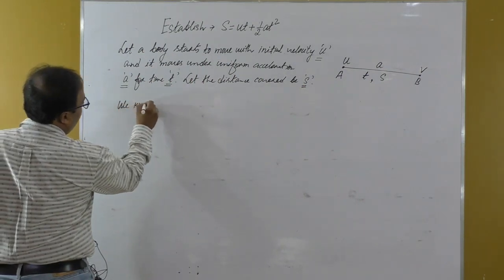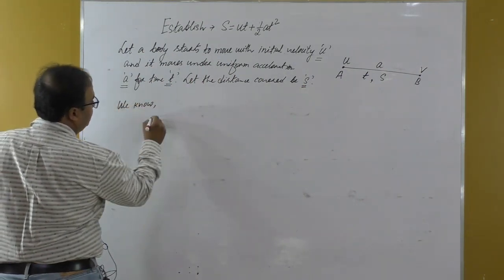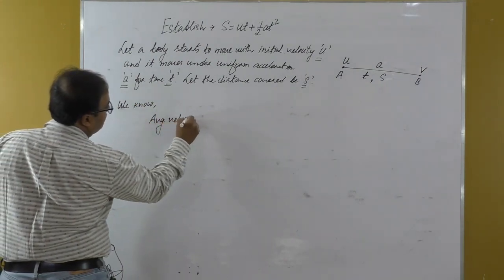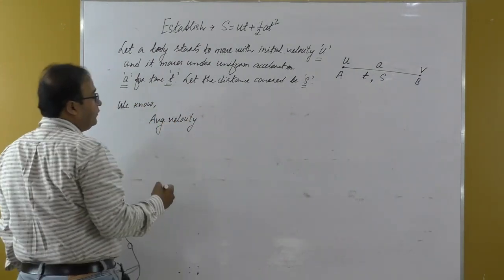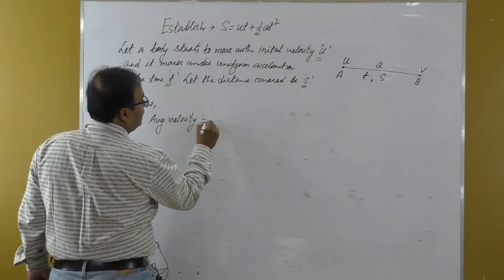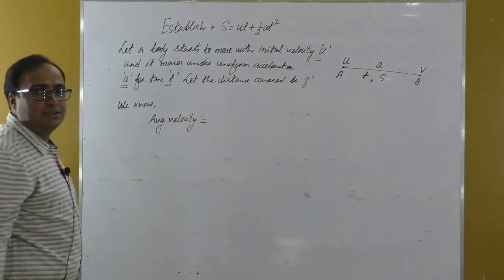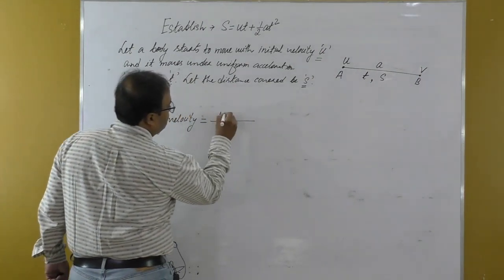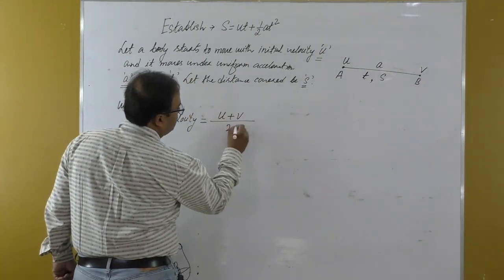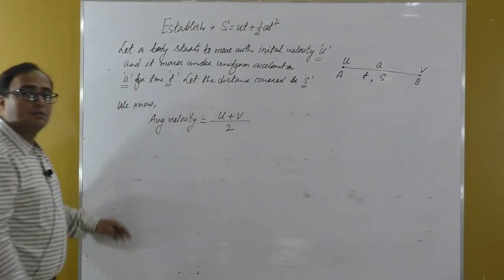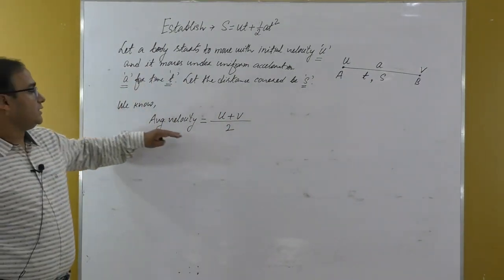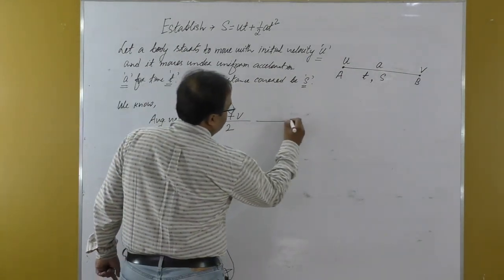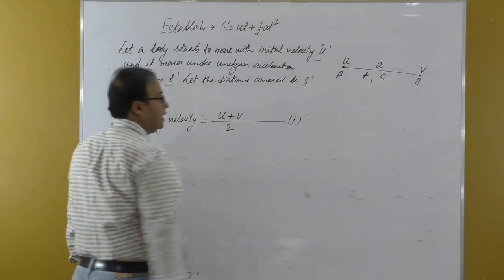And we know the formula for average velocity for a body moving under uniform acceleration, I already told you, u plus v by 2. So average velocity equals u plus v by 2. Let this be relation 1.